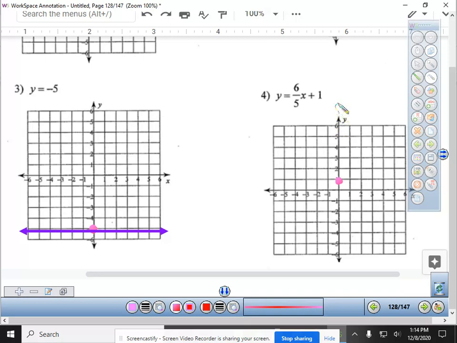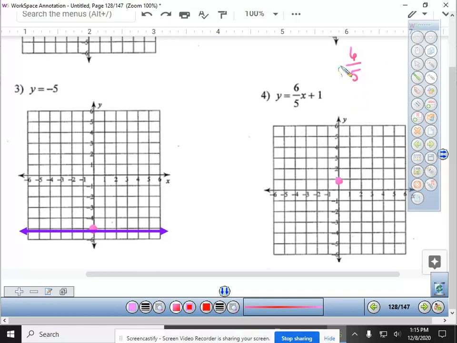Remember that question that Marty asked? What do you think we can do to this to keep them positive and make it easier? I can't make the 5 negative, but what can I make negative to keep it positive?